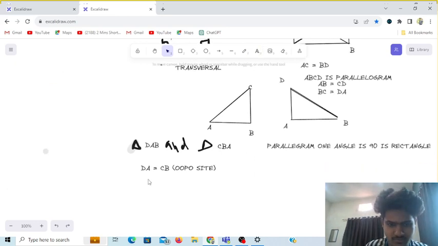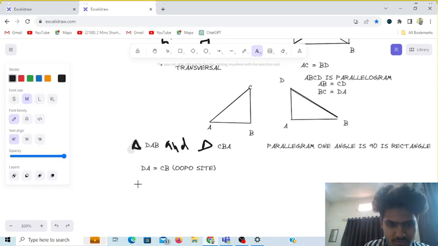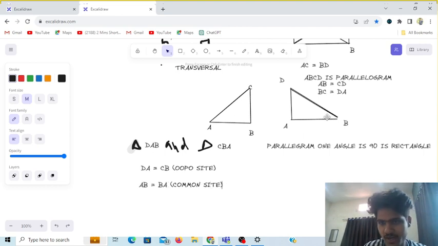Second is AB equal to BA, common side. Because AB and BA in both triangles DAB and CBA are common.